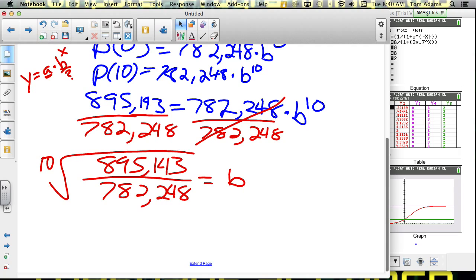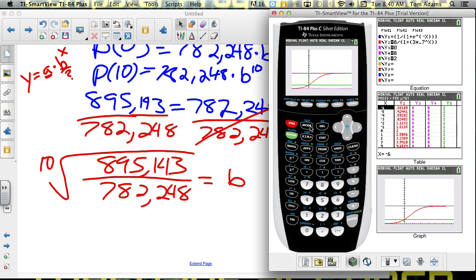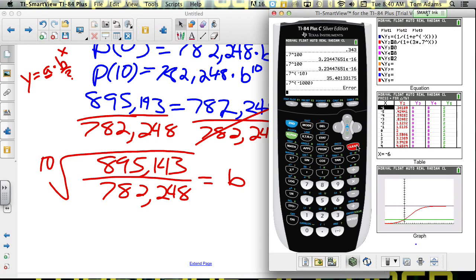Well, I have to go to my calculator for that. This is one of those deals where you got to make sure you put it in your calculator right. I can take the 10th root, but the 10th root of something, isn't that the same as raising it to the 1 over 10? So that's what I'm going to do. Well, what is that something?